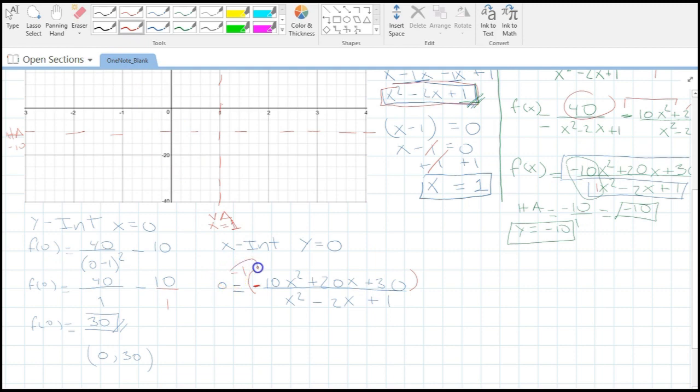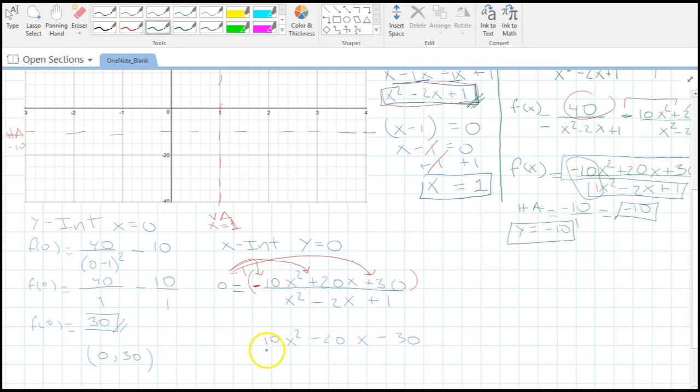So I distribute the negative 1 and multiply everything just to change the first term to a positive. Negative 1 times a negative is going to give me a positive, so I have 10x squared. Negative times a positive is going to give me negative 20x. Negative times a positive is going to give me negative 30.